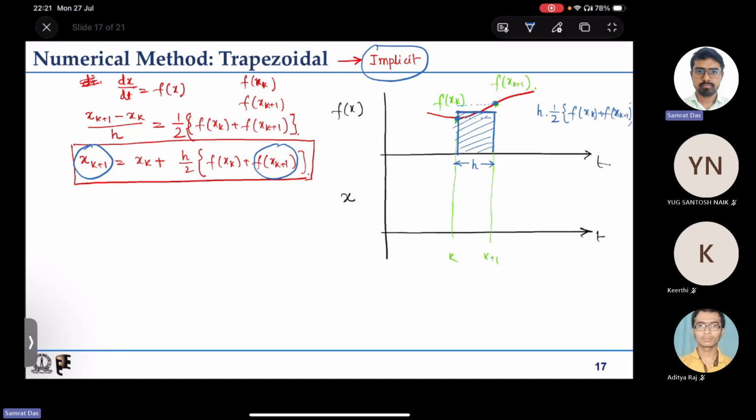This is the area, and you can get this equation: if f of xk is known, then this can be calculated, and this will be added to xk to obtain x of k plus 1.